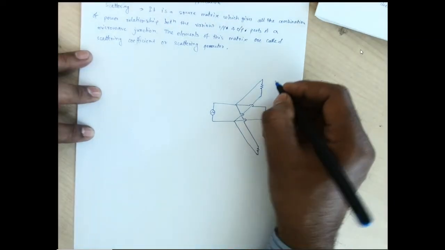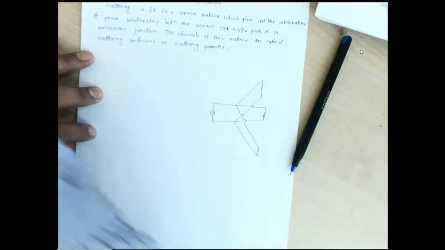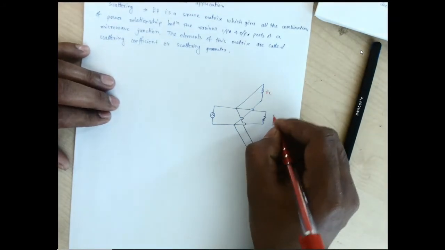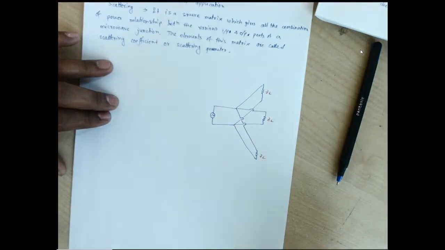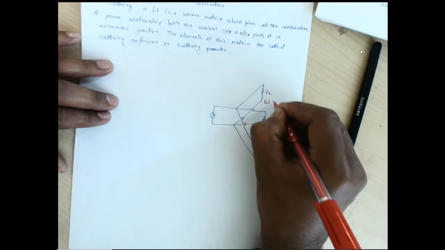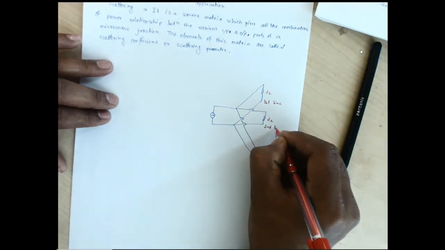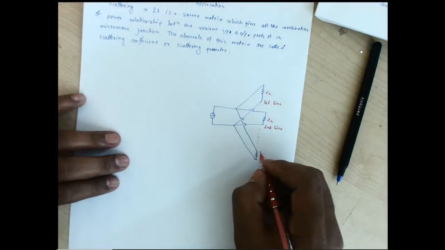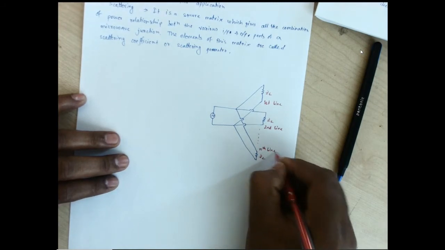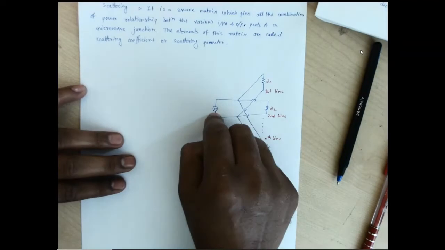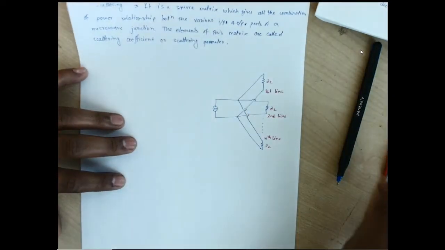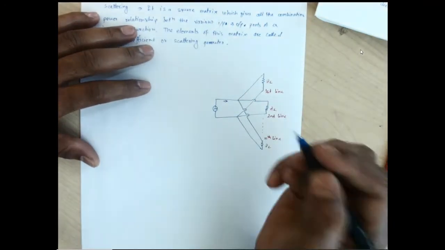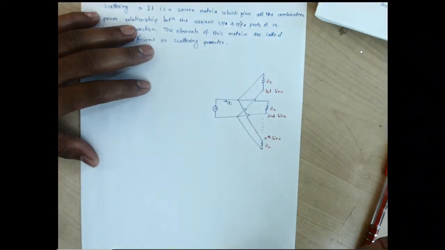Okay, so let us consider this is our first line. This is the first line. Some load ZL is connected for each of the cases. This is your second line, and in this way let us consider this is your nth line. So this is the source and all those loads are connected. From this source we have the signal going to these loads.